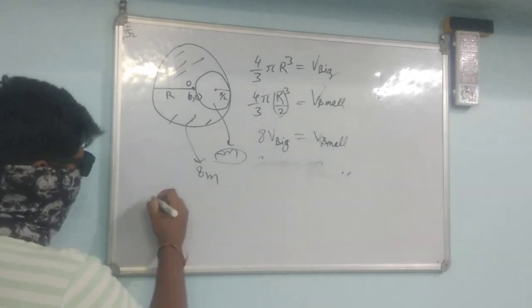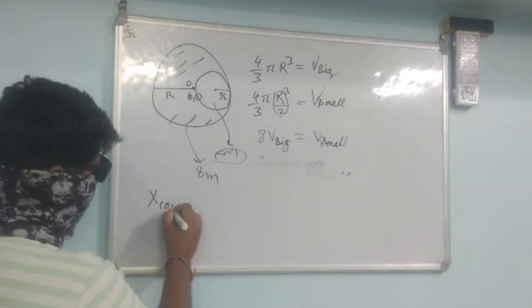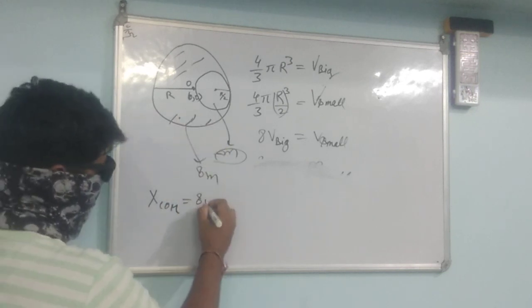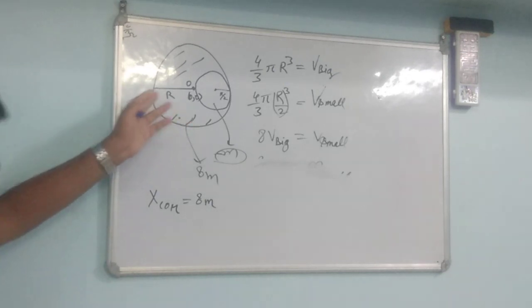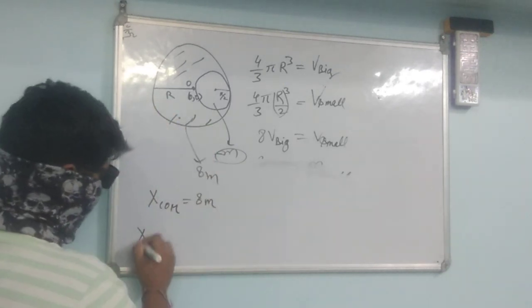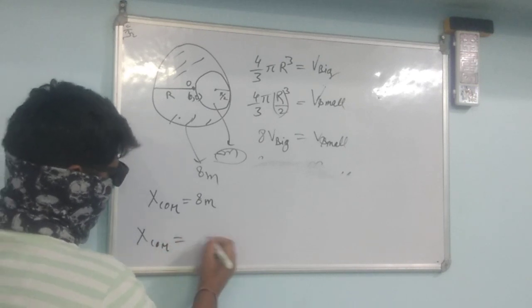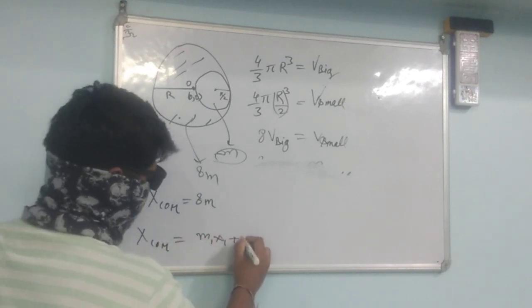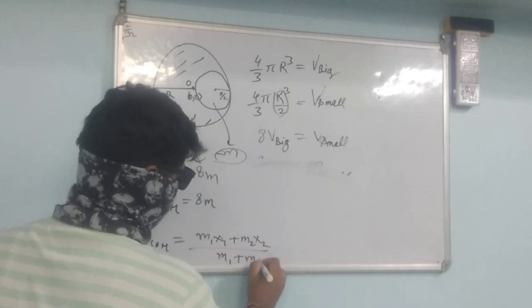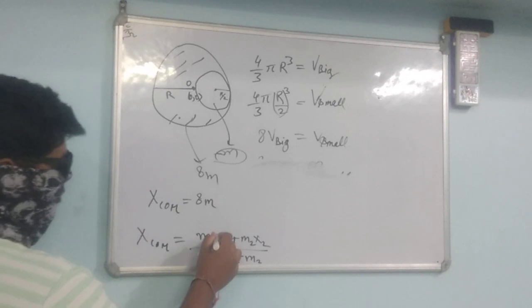So as we know, x center of mass is equal to the mass m1 into where its center of mass would be, and so on.